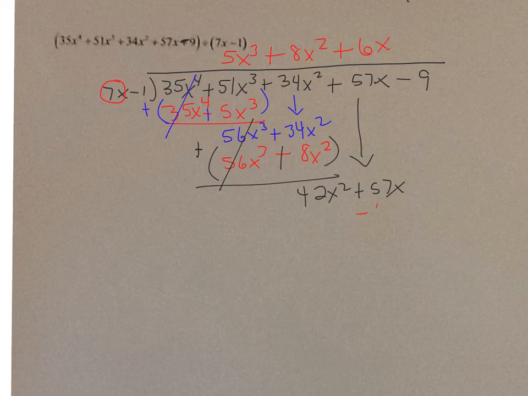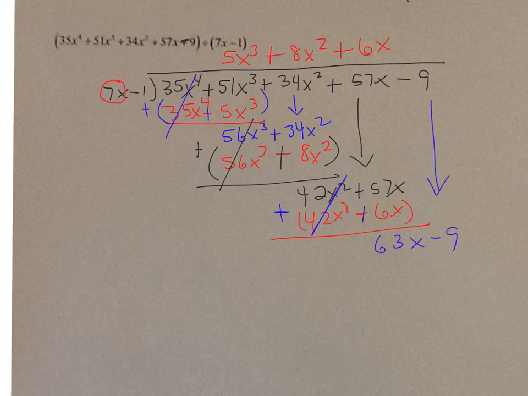Multiply down, I get negative 6x and 42x squared. And now we're going to subtract. So 42x squared minus 42x squared is 0. 57x minus a negative 6x is plus plus, so that would be 63x. Bring down the negative 9. Now I need 7x times what is 63x?